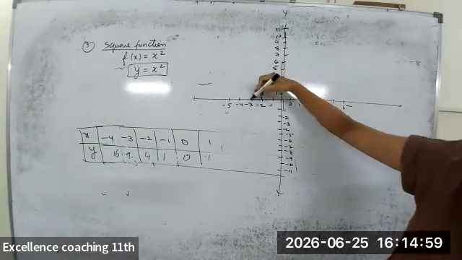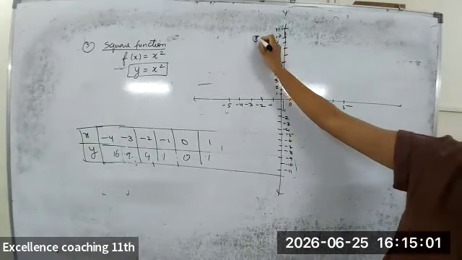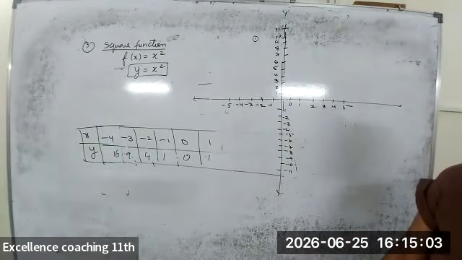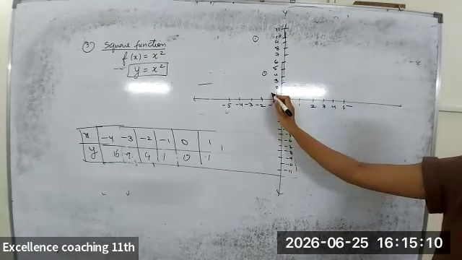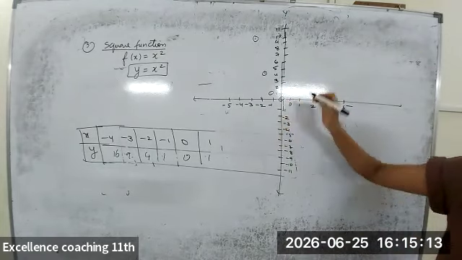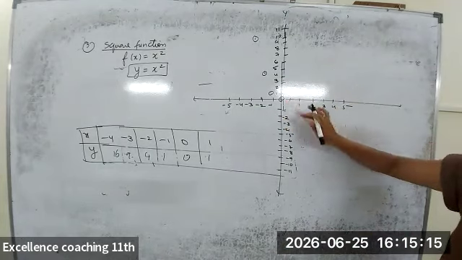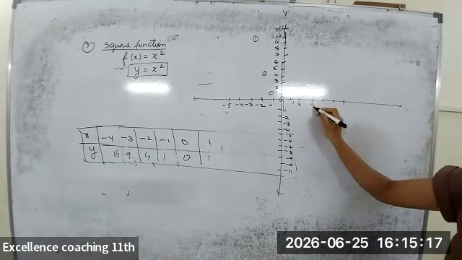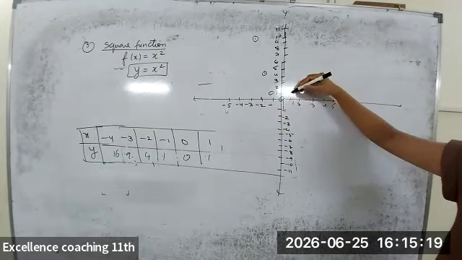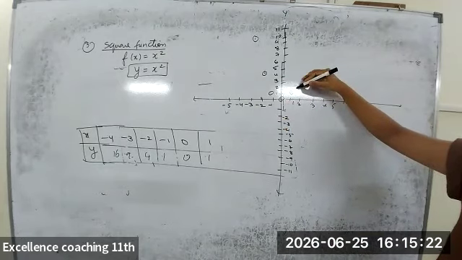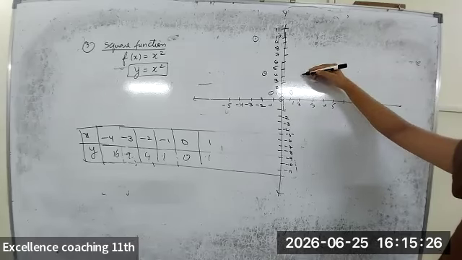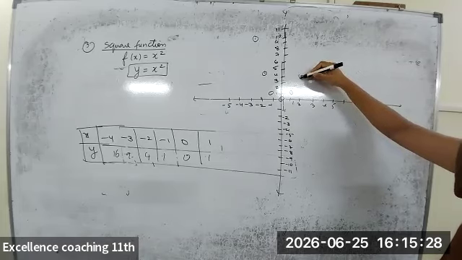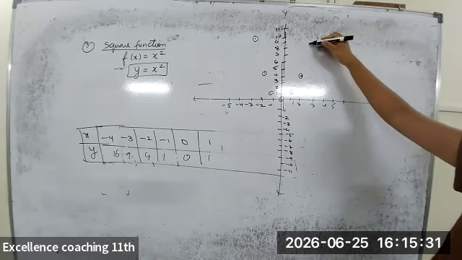-3 is 9. Then -2 is 4. -1 is 1, 0. 2 is 4. 3 is 9.